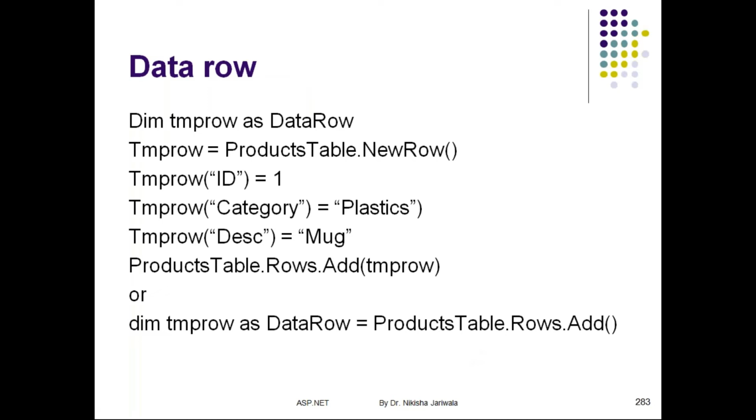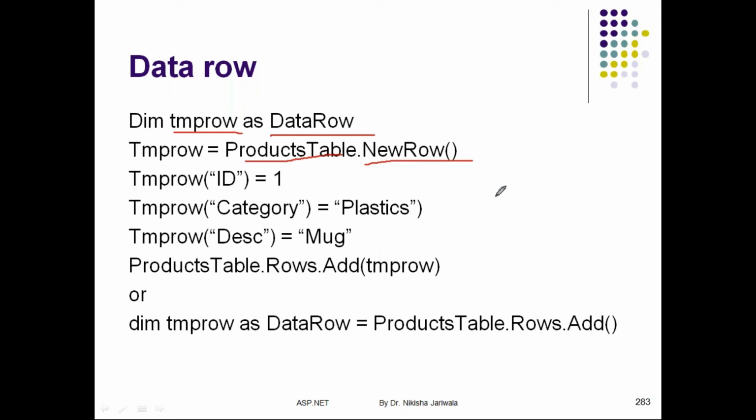Now if I want to create a row within that particular table, then obviously, as we have used DataColumn for the fields, over here we will use the DataRow class. After that, we will create a reference for that DataRow class, that is tempRow As DataRow. After that, I will write tempRow equals productsTable, that is the name of my table, and I will call the NewRow method.